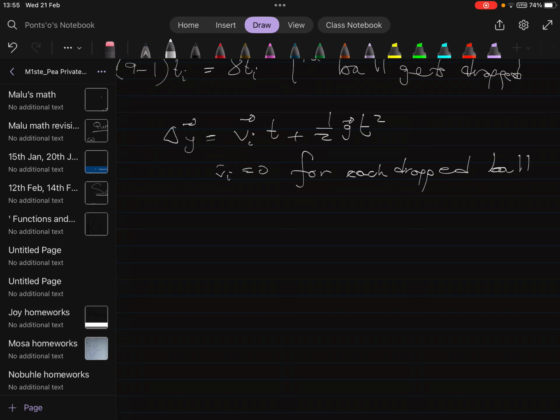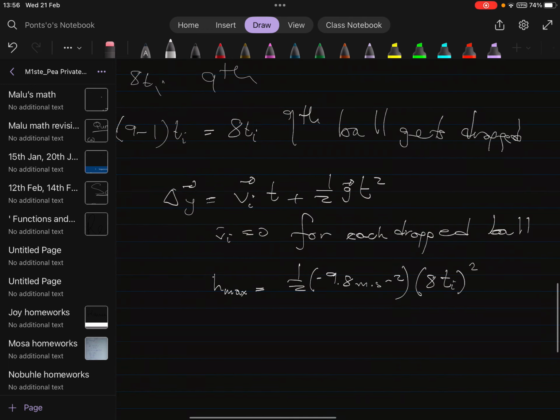And the balls are dropped, or rather, we know that for the first ball, it needs to have dropped a height of a half times acceleration due to gravity times 8 ti squared.